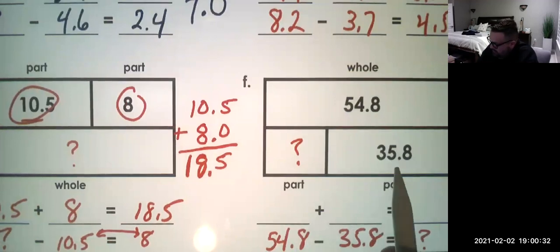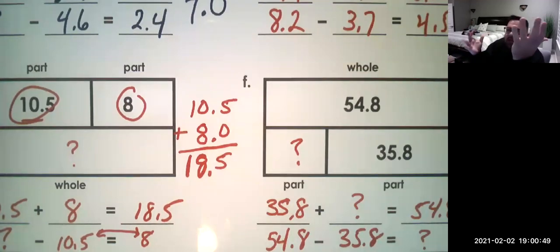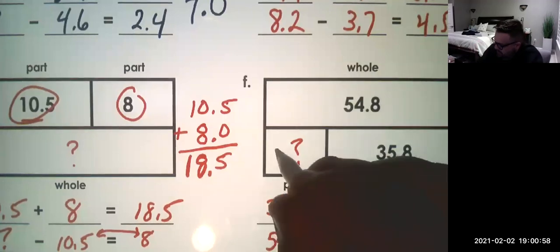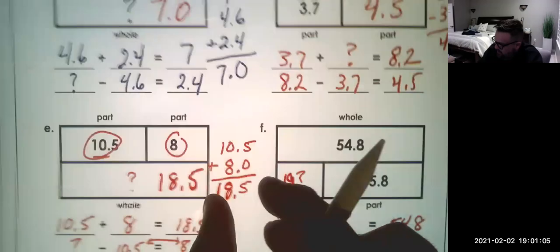Now, you could know that your whole is 54.8 and then add 35.8 plus whatever this is to get it. But that seems like a lot of work. Doesn't that just still turn into the subtraction problem, right? So when you have the whole, put it at the beginning and subtract it. When you have the two parts, add them together. You can do it any way you want. For this one, you're going to make sure you put 19. And for this one, make sure you put 18.5 for E.